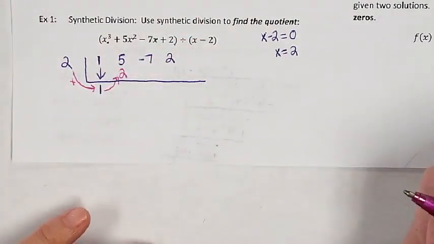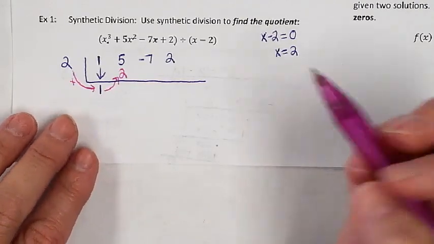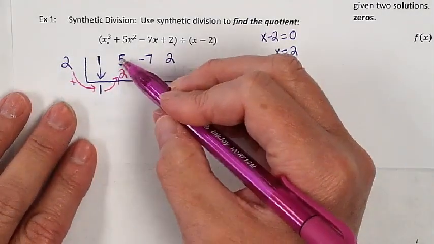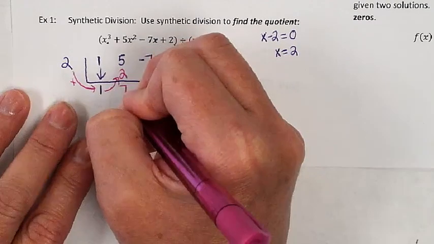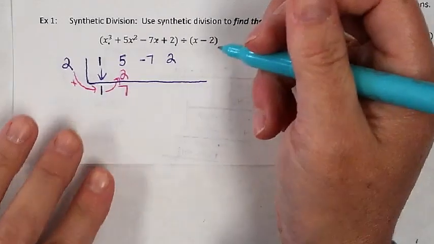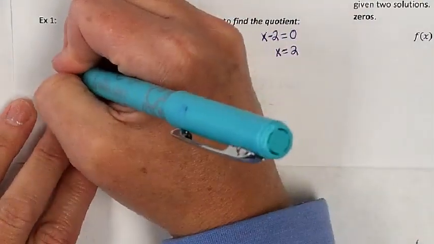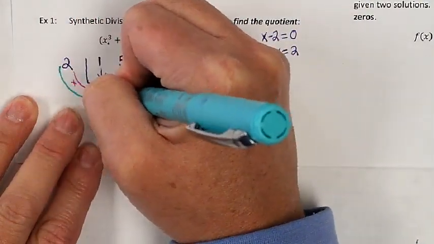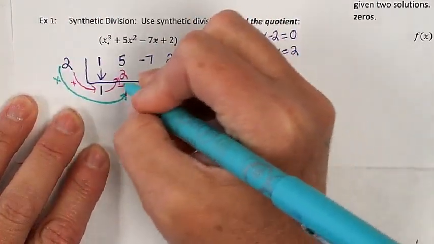Now, step 4 says add down. We're going to add these two together. 5 plus 2 is 7. Now we're going to repeat that process till we get to the very end. So I'm going to do it again. 2 times 7 is 14, so that answer goes up here.